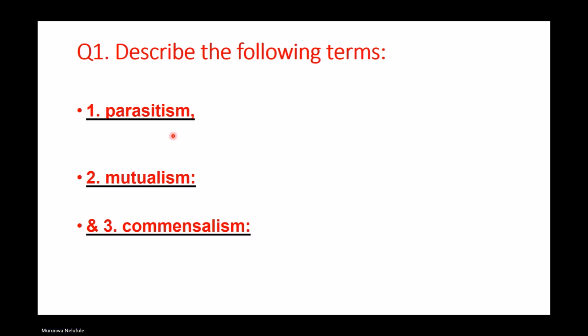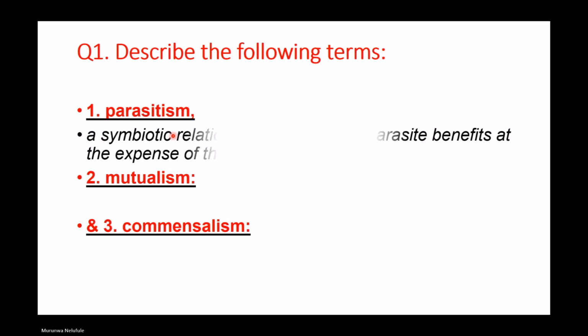Parasitism is a relationship between two organisms where one benefits from the other, and the other is a host. In this relationship, one organism is being hurt. And mutualism: mutualism is a symbiotic relationship where both species involved benefit from each other.